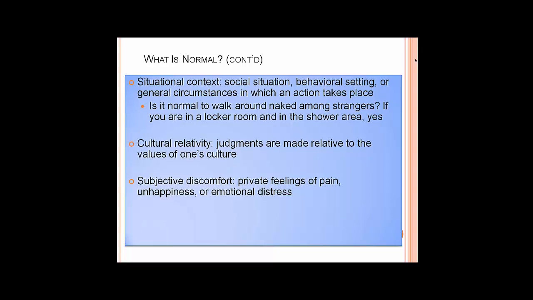A situational context is a social situation, a behavioral setting or general circumstances in which an action takes place. In other words, is it normal to walk around naked among strangers? Well, if you're in a locker room or in a shower area, then yes, it is normal. So it's within context. Cultural relativity is judgments that are made relative to the values of one's culture.